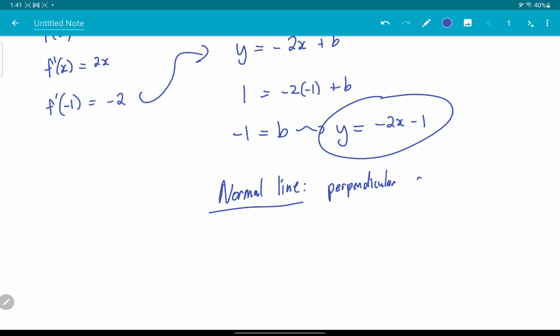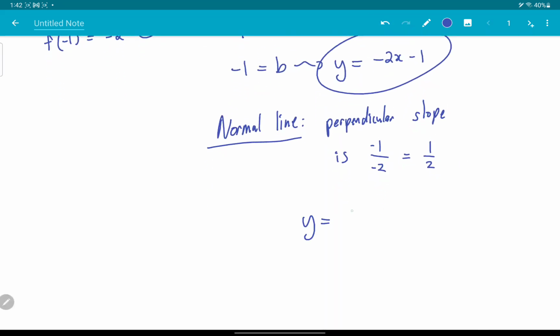Perpendicular slope is, well, you take this slope you found and you do what's called the negative reciprocal. So you take the reciprocal, which is 1 over -2, and then you make it negative by sticking a minus on top. So this is called the negative reciprocal. It's how you find the perpendicular slope.